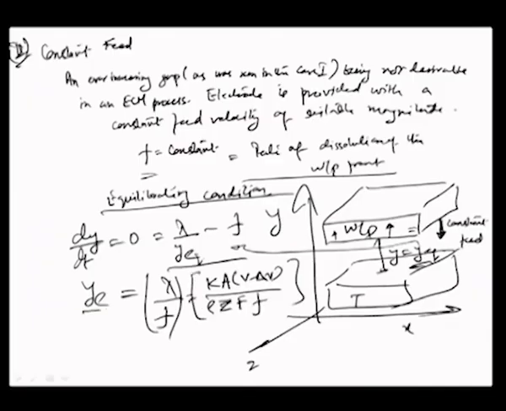So, that is how the equilibrium gap would look like between the tool and the workpiece surface, and because of that the condition of equilibrium comes into the picture.